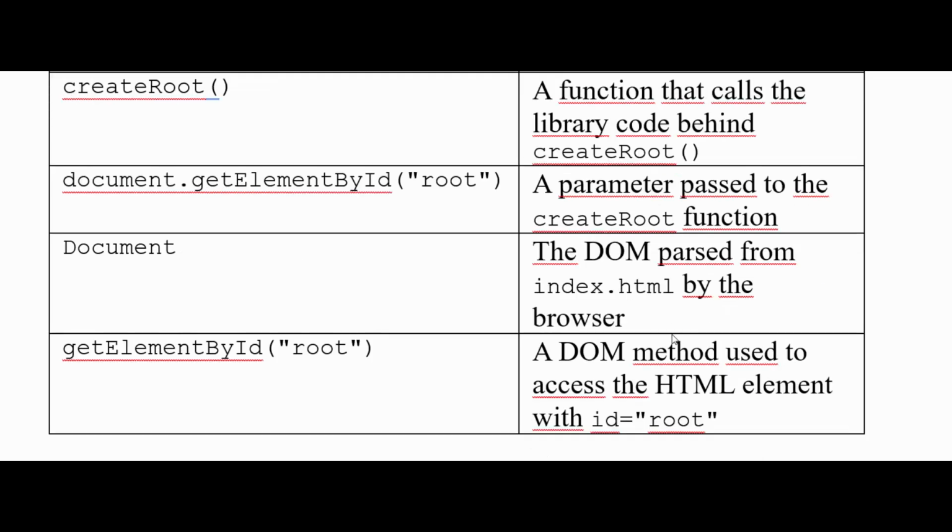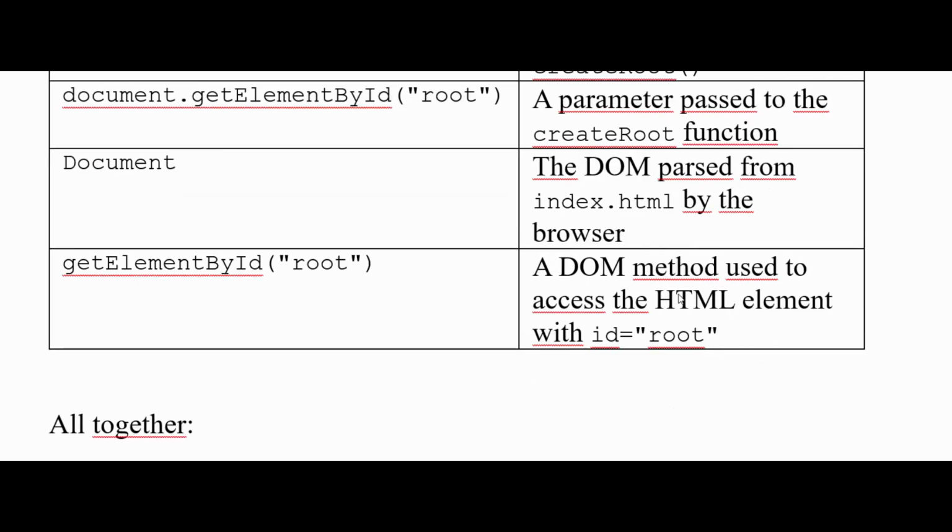Document is the DOM, the Document Object Model, parsed from index.html by the browser. getElementById is a DOM method used to access the HTML element with the ID equal to root.